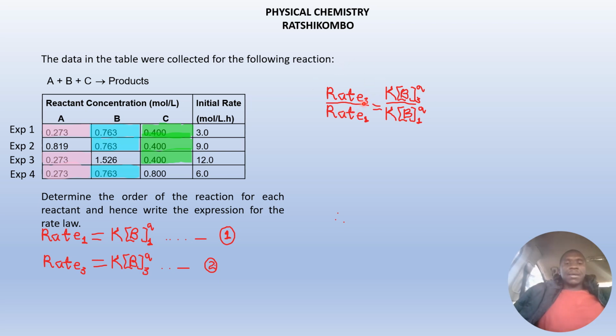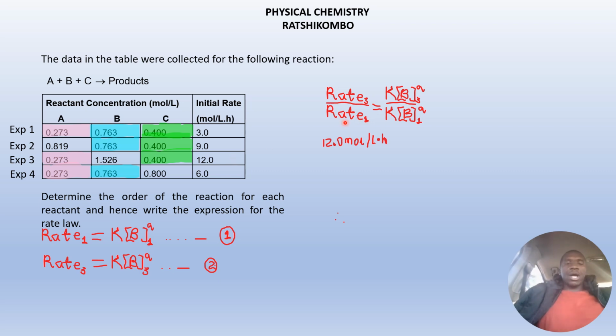I mentioned that this 3 simply means that we are talking about experiment 3, right? In terms of rate, this is the concentration, this is the concentration, this is the concentration. For experiment 3, we have only this value as our rate. So for rate 3, we are going to write 12.0 mole per liter per hour, right?